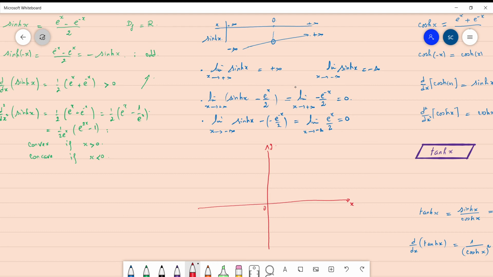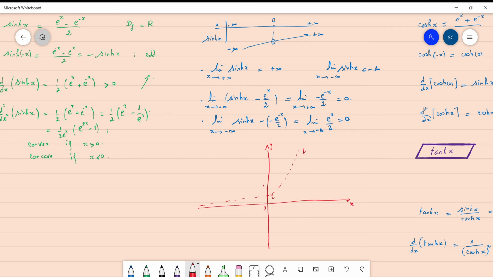Let's graph those two curves. e^x over 2: here is 1, here is 1 over 2, it's stretched by a factor of 1 over 2, so we still have something that looks like the exponential function.